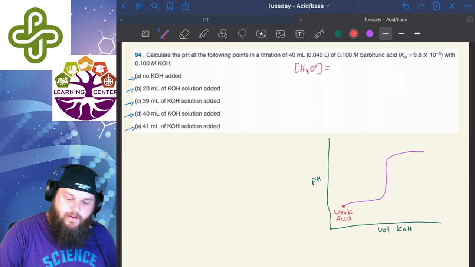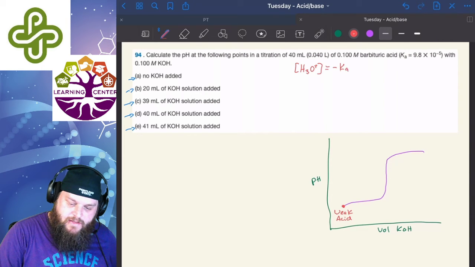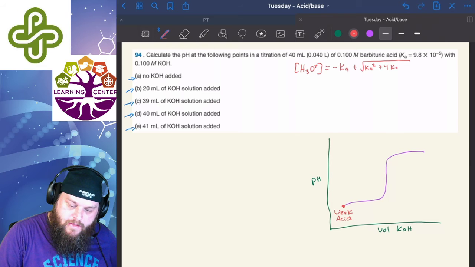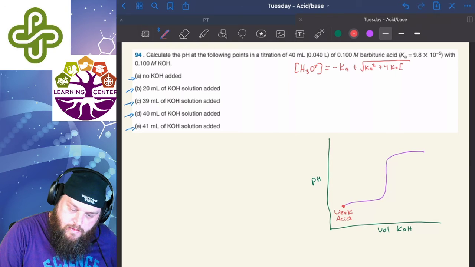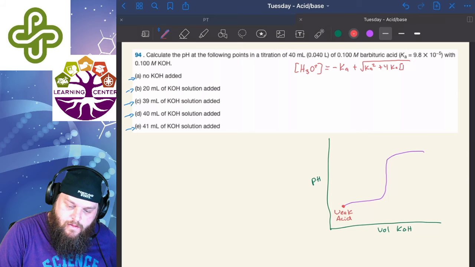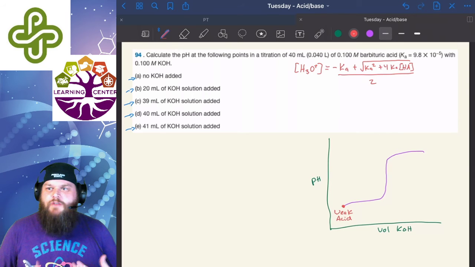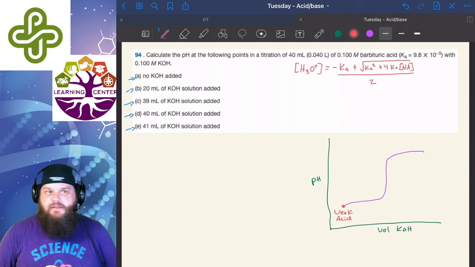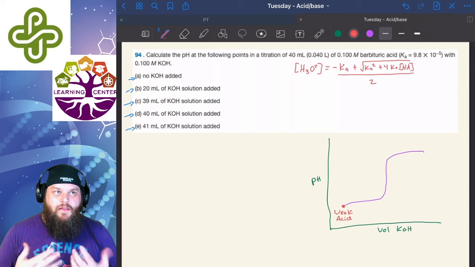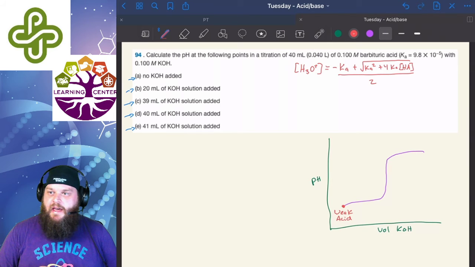I'm not going to go through the derivation of that, but it equals negative Ka plus the square root of Ka squared plus 4 Ka times the concentration of the acid, divided by 2. So that's called the quadratic equation for a weak acid. And that's how we can determine that concentration of hydronium before we add anything. And then from there, we can determine the pH.